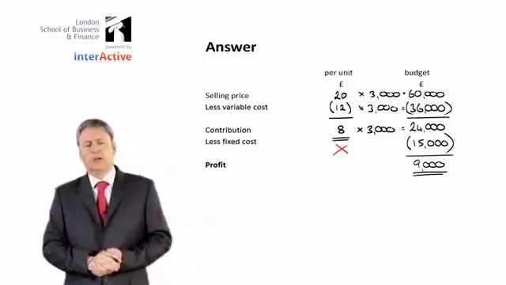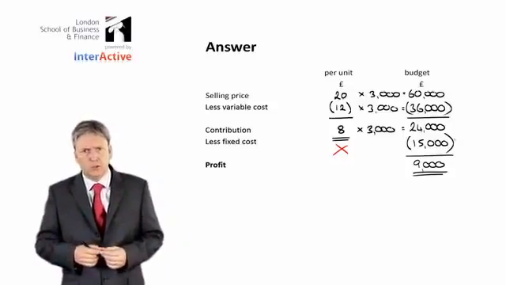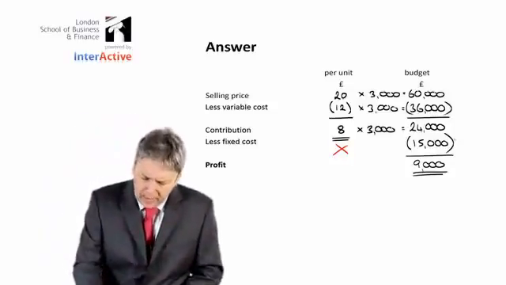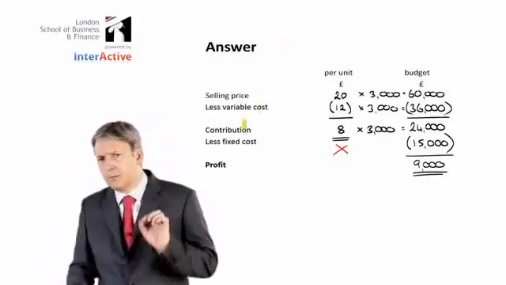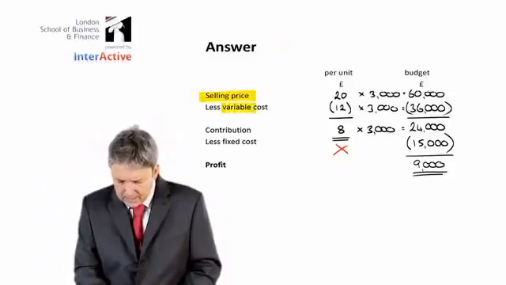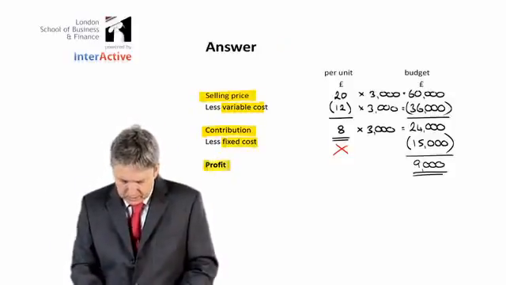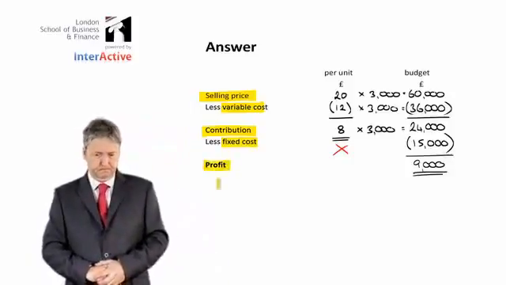So what have I tried to show you here? Well, firstly, the importance of contribution. Secondly, what we have here is what I would describe as the marginal costing pro forma. Sales less variable cost is contribution, less fixed cost equals profit.